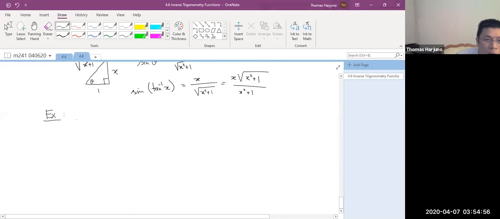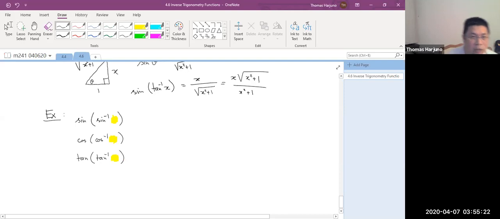What happens if I have, for example, sine of sine inverse, or cosine of cosine inverse, or tangent of tangent inverse? Now, whatever that is here, they will cancel, because sine cancels sine inverse, cosine cancels cosine inverse, tangent cancels tangent inverse.